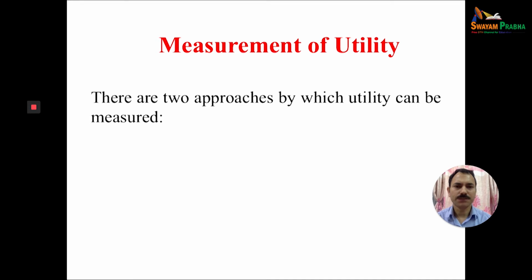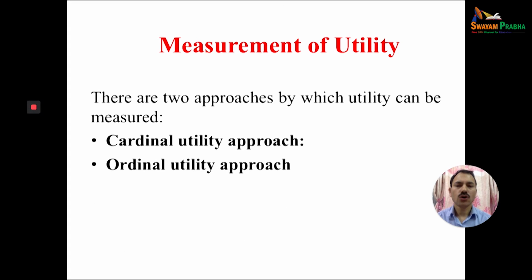Now let us discuss the measurement of utility. There are two approaches to measure utility in economics. One is the cardinal utility approach and the second one is the ordinal utility approach. The cardinal utility approach was basically led by Marshall.